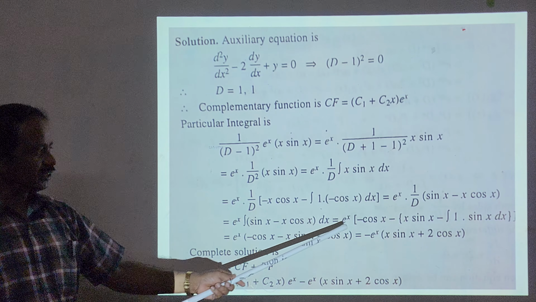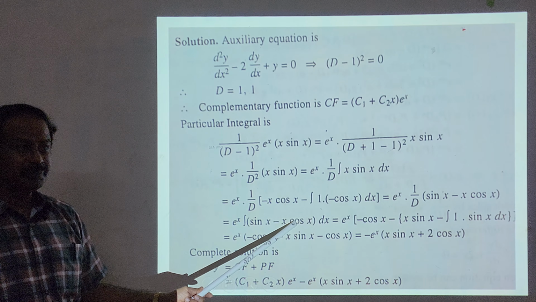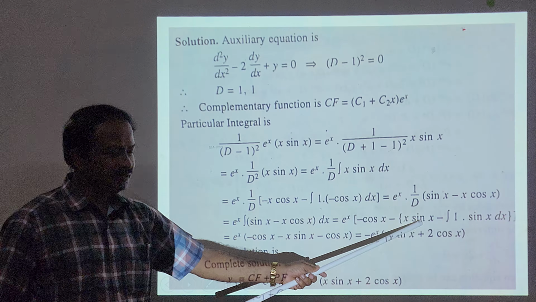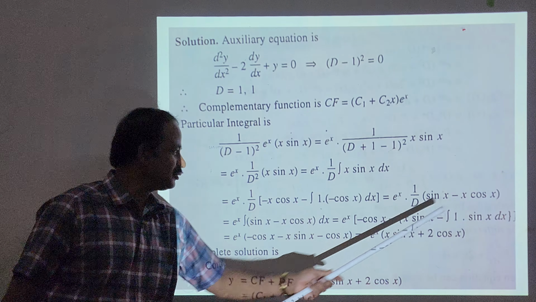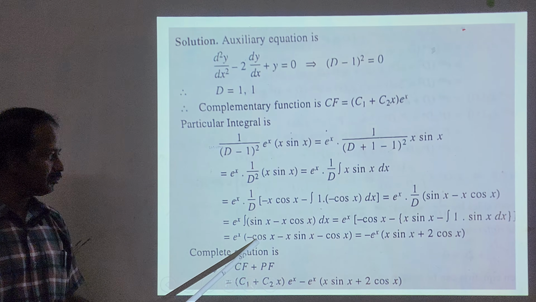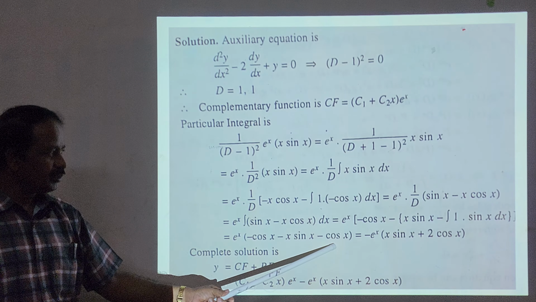So integration of sin x will give you minus cos x, and x cos x as usual by the u dv method, u dv minus v du. So you will get e power x, as usual this term will be there, x sin x will be there, integration of sin x will give you cos x.